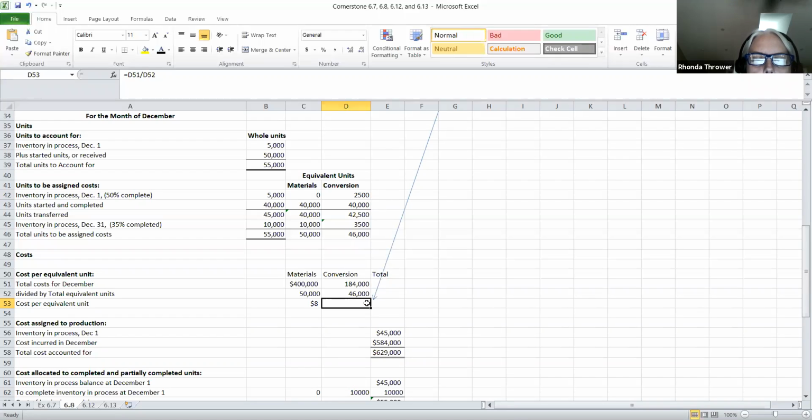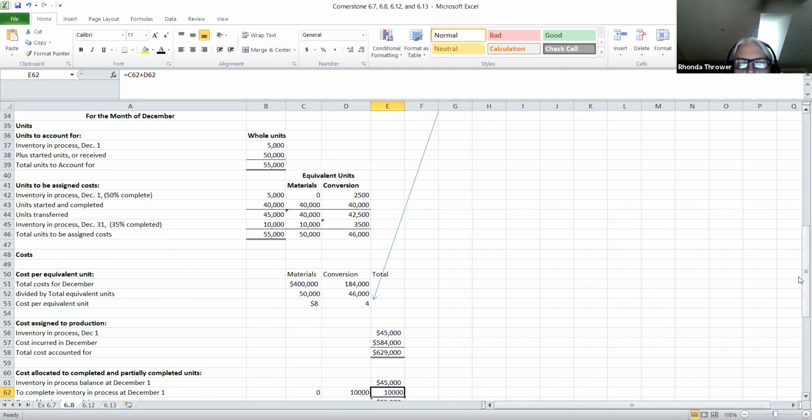2,500 times $4 is how I get 10,000. That's my conversion cost that I needed to finish the beginning inventory. I had no materials cost plus the conversion cost. That gives me this little subtotal over here, which is the total of these two added together, 10,000.